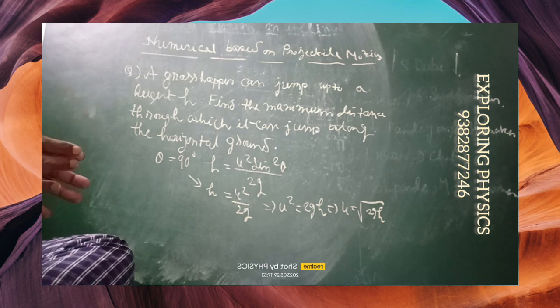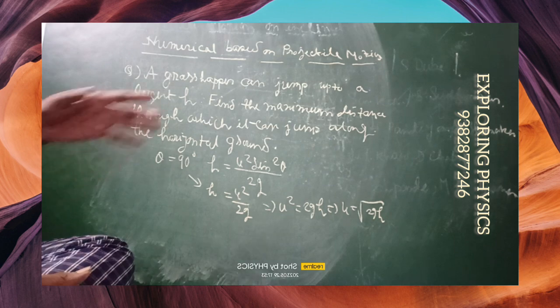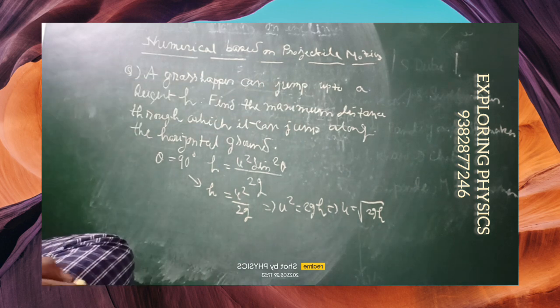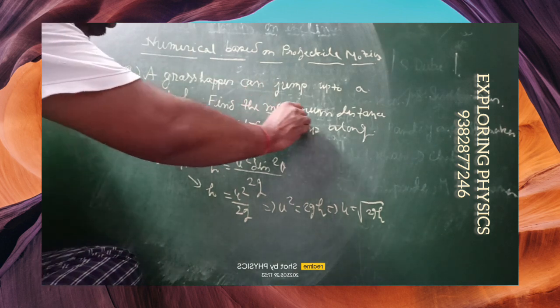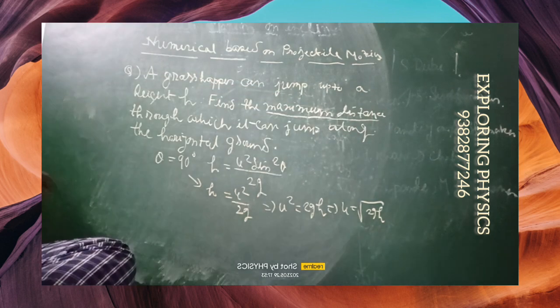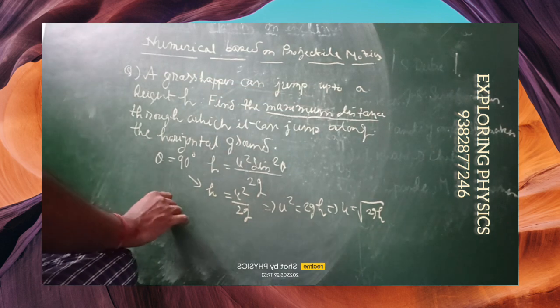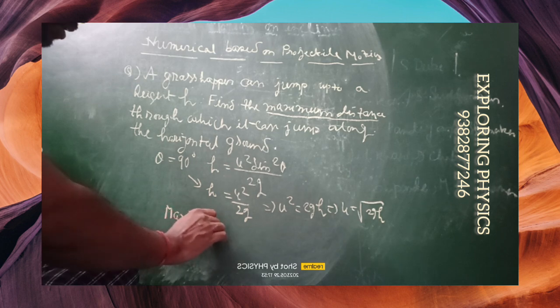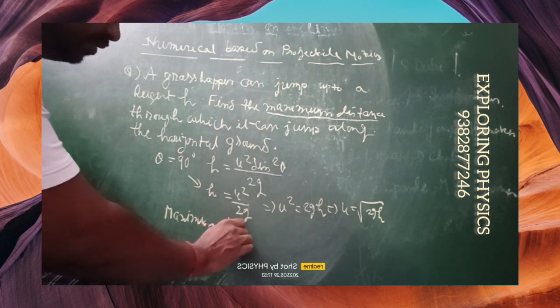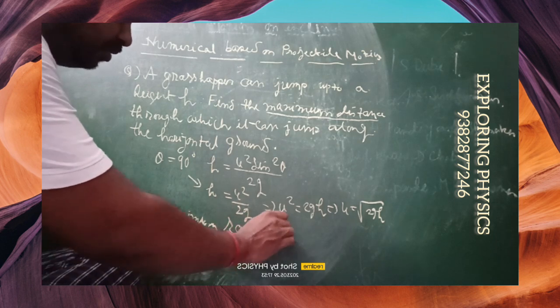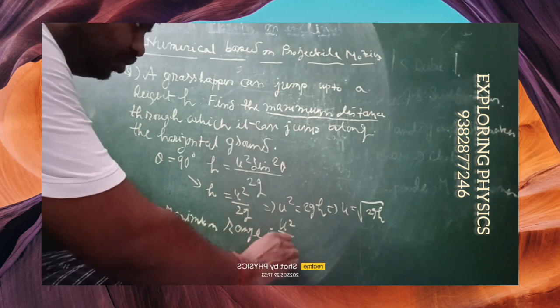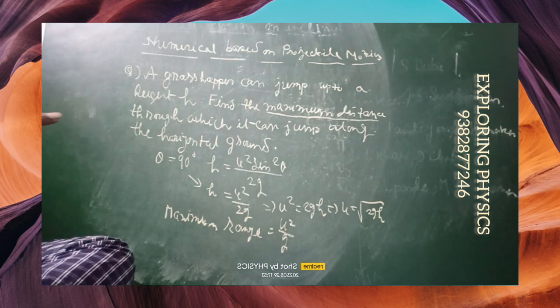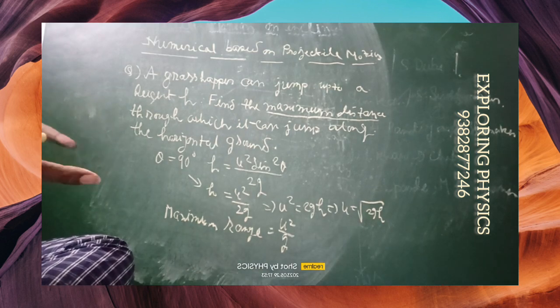Now here we have to find the range. Find the maximum distance. What does it mean? We have to find the maximum range. For the maximum range, we know the formula u square by g sine of 2 theta, where theta is 45 degrees for maximum sine.